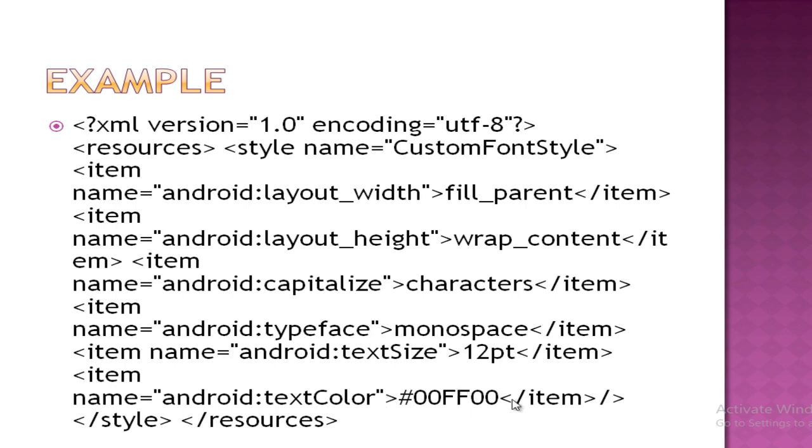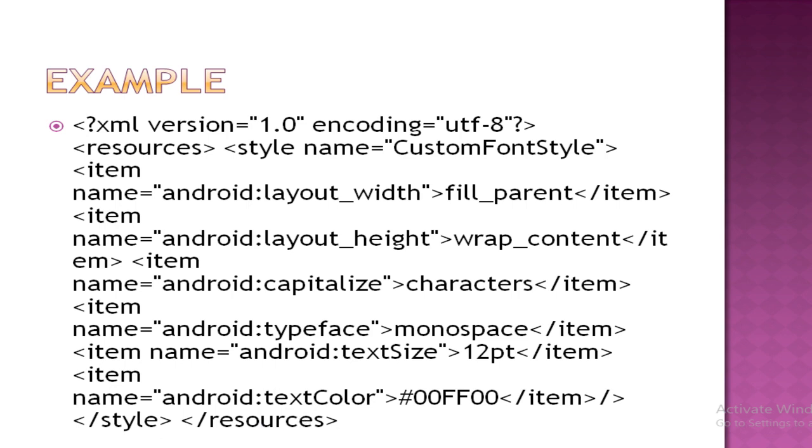It depends on the particular color you want to see. Put it in your activity, and you can write it over here. Okay, and then close style and close resources.